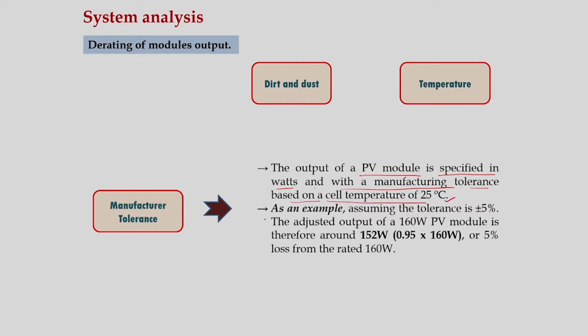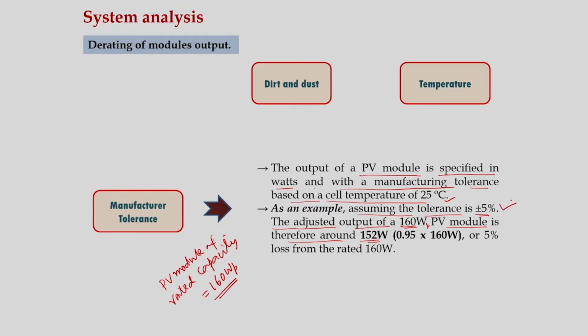Okay. If we take an example, assuming the tolerance is 5%, the adjusted output of a 160 watt peak PV module is therefore around 152. So, here we have considered a PV module of rated capacity 160 watt peak.